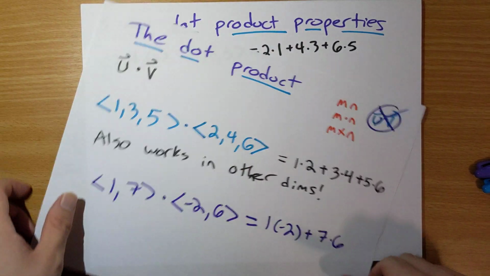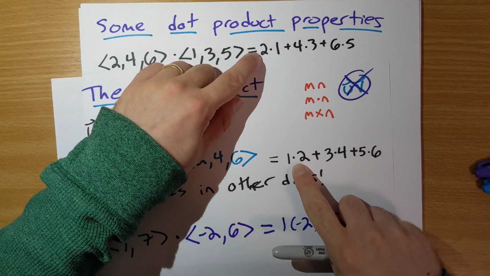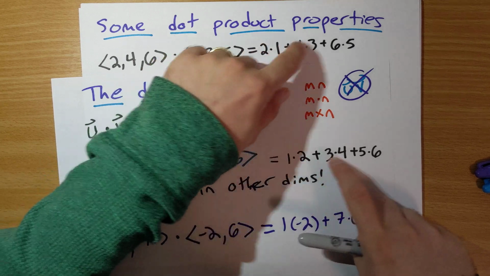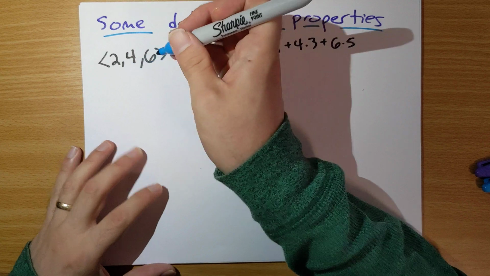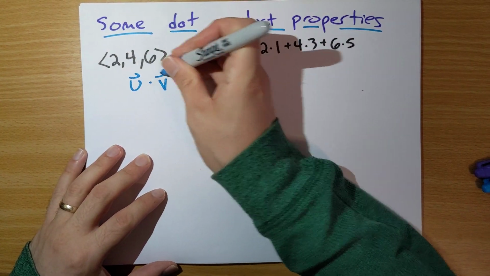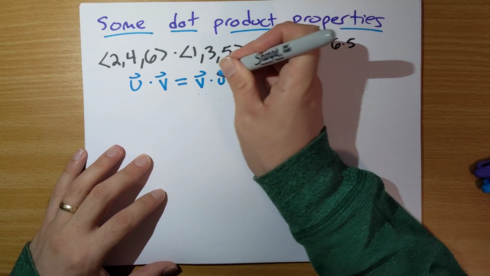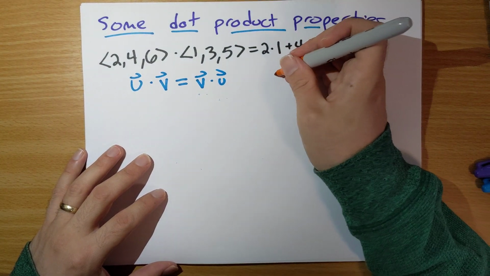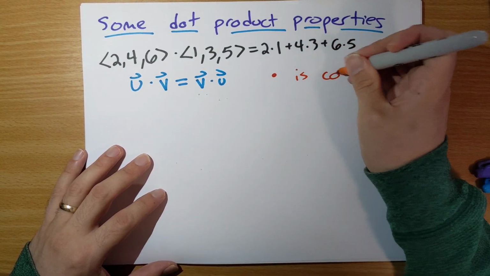Since ordinary multiplication of real numbers is commutative, this is going to be the same thing. So this shows us that u dot v is equal to v dot u. So the dot product is commutative.